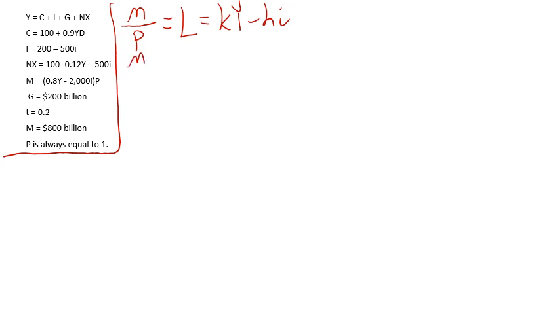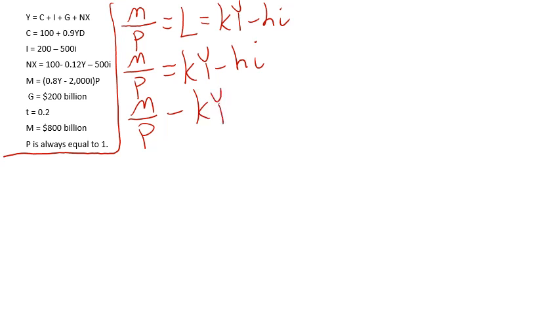So let me just bring this down without the L. So the real money supply is equal to money demand, which is equal to KY minus hI.